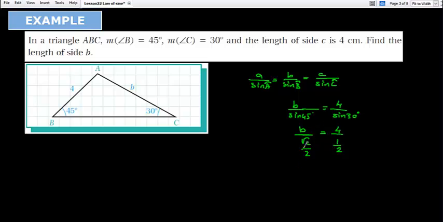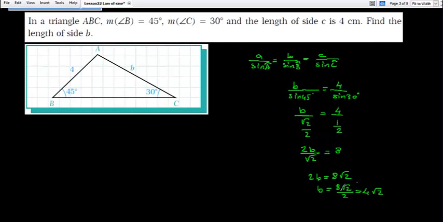So if we write this, 2b over root 2 is equal to 4 times 2, which is equal to 8. So 2b is equal to 8 root 2, and b is equal to 8 root 2 over 2, which is equal to 4 root 2. And b is equal to 4 root 2, we are going to say.